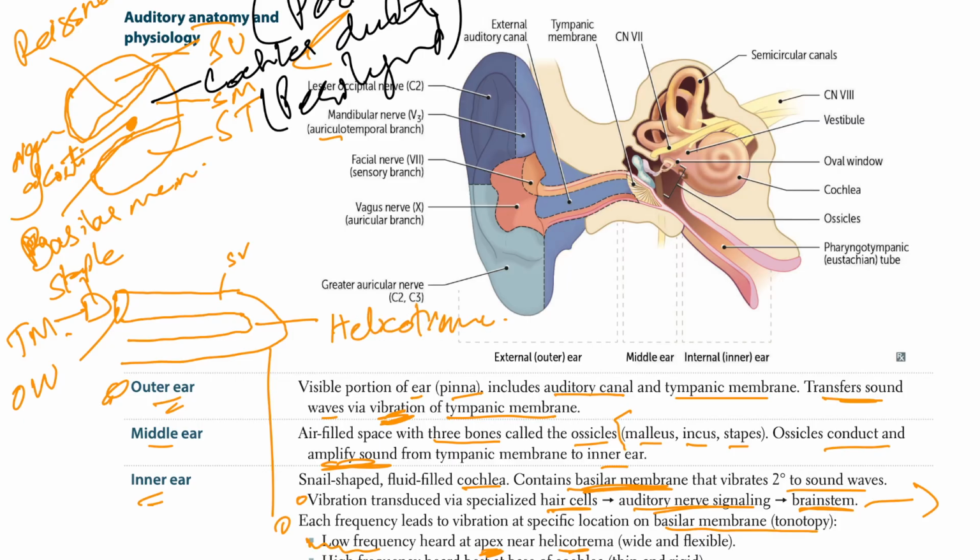And that's going to open into another window that is called the round window. And if this is scala vestibuli, this is going to be scala tympani.